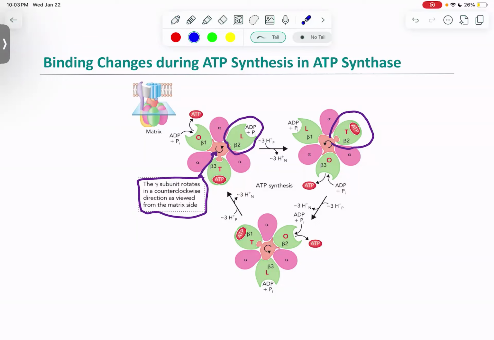It's going to result in the 3rd configuration where ATP can be released and ADP and Pi can come in. And so this is how we get 1 ATP per beta subunit for our 10 protons, but those 10 protons are not just affecting one of the beta subunits, they're affecting 3 beta subunits, which is why we get 3 ATP instead of just 1.